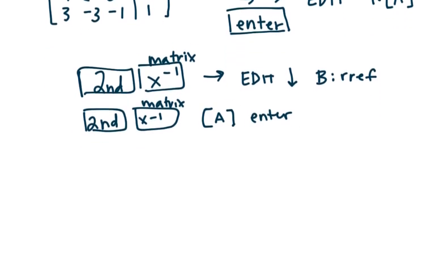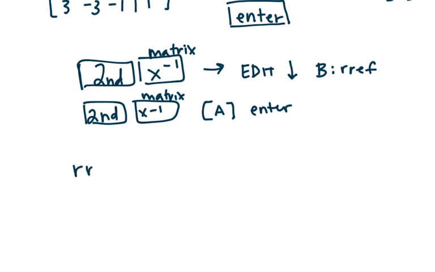So what it looks like on our calculator screen is RREF. I wrote 3 R's, oh my goodness, RREF. It opens a parenthesis and you have in there matrix A. If you hit enter at this point, it's going to find our reduced row echelon form.